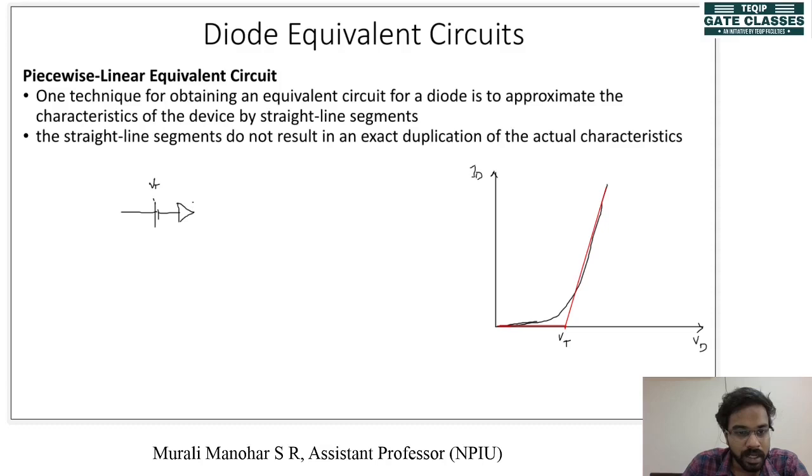Ideal diode will conduct once there is a zero potential across it, and then this linear portion which corresponds to a linear resistance, that will be our RAV. So this circuit is the piecewise linear equivalent circuit of a diode.